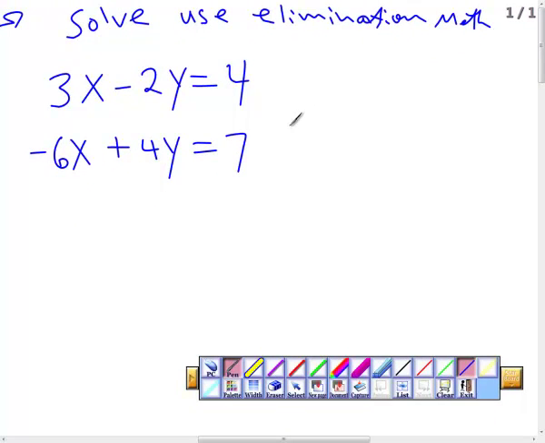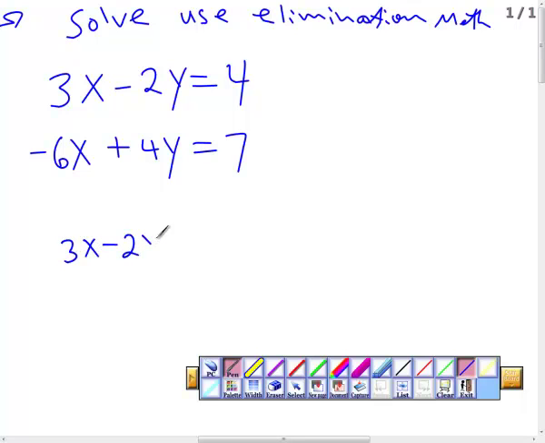Okay. Well, looking at this, your x's have opposite signs, your y's have opposite signs. So what do you think we could multiply this first equation by? Yeah, 2.